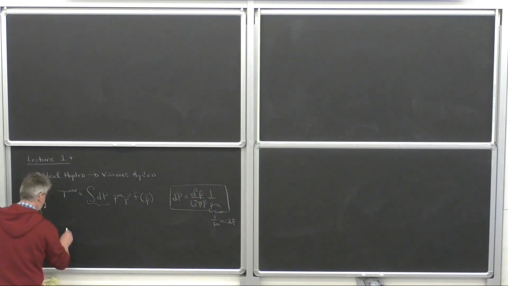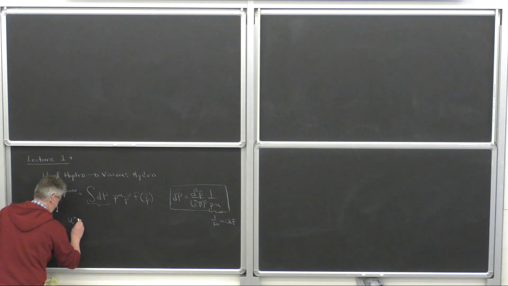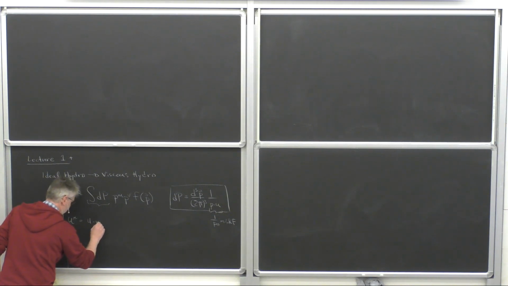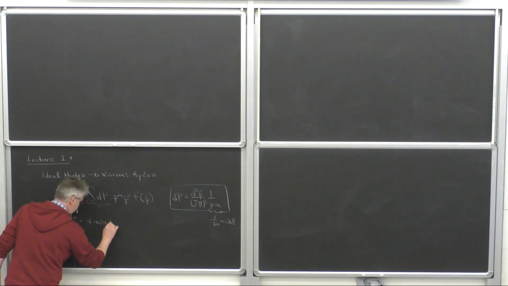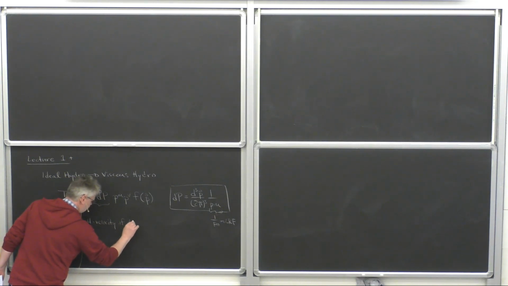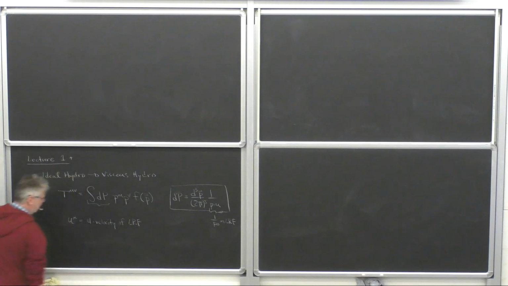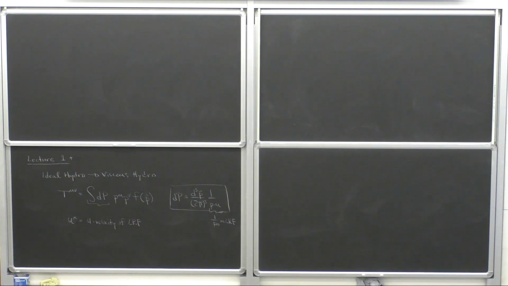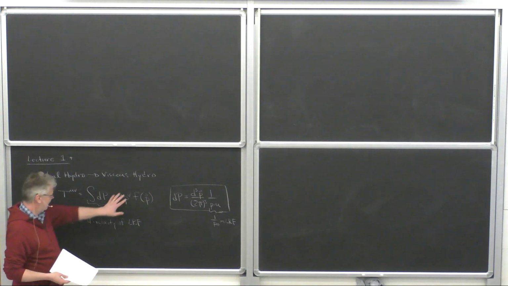U is the forward velocity of the local rest frame. So that's telling us how fast the local medium is moving collectively.